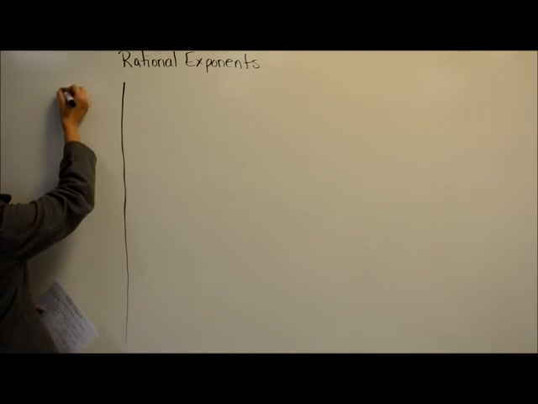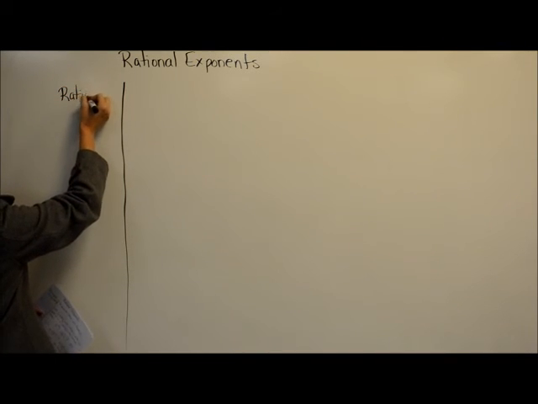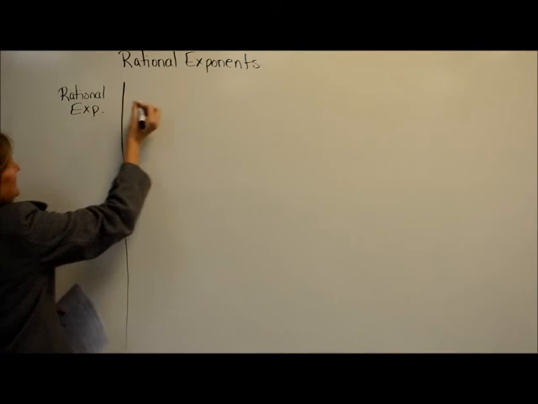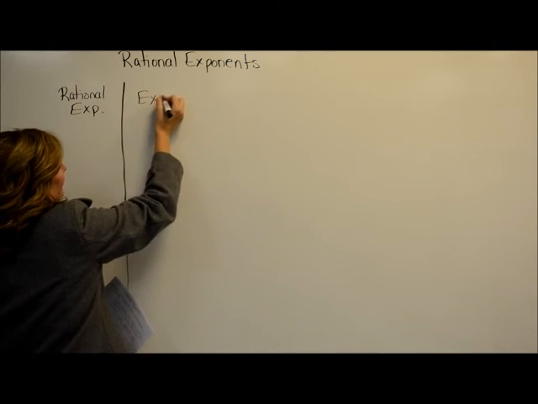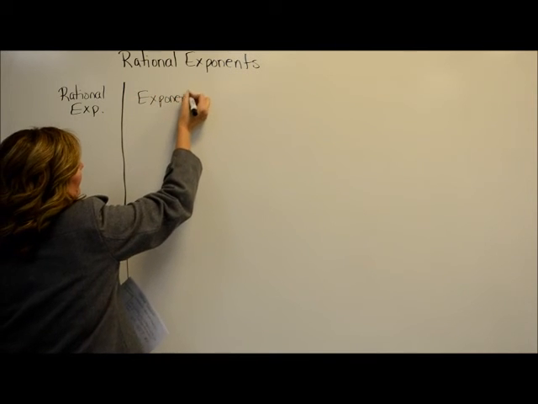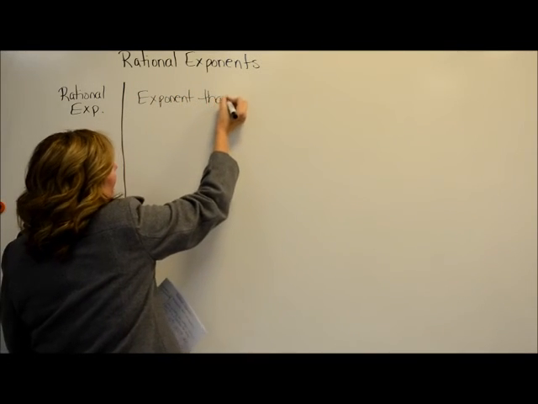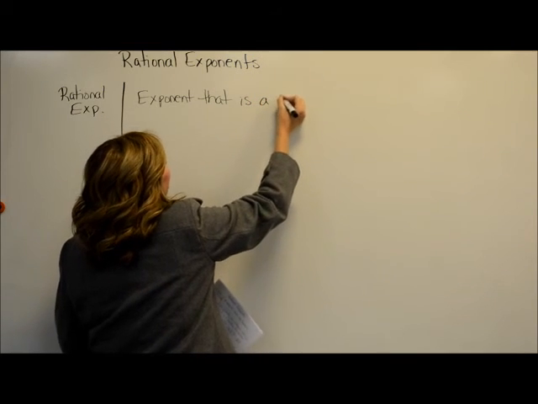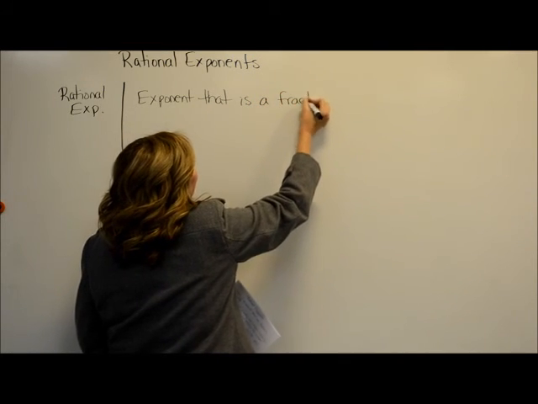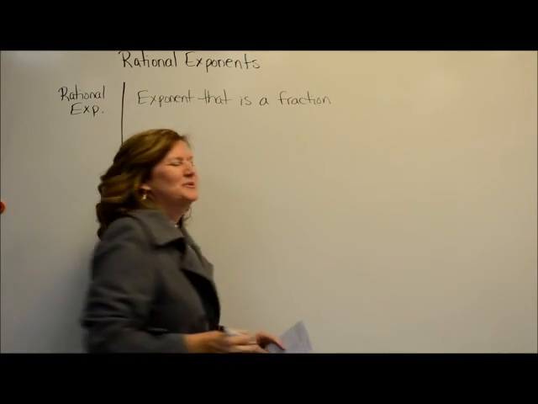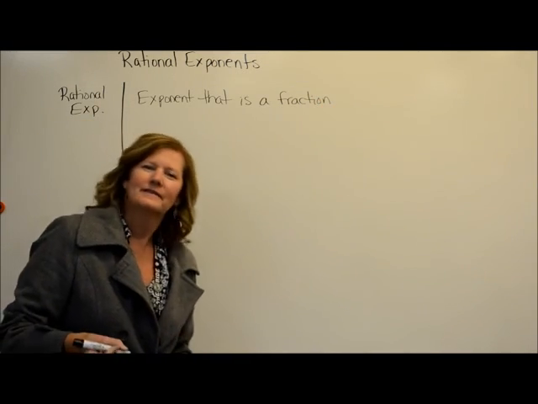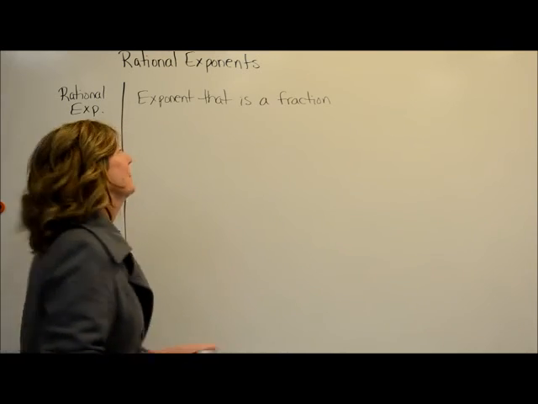A rational exponent is just an exponent that is rational, of course. That is, it's a fraction, okay? So it's a fraction. That's what you're going to look at and say, oh, that's a fraction. Math people look at it and say, oh, a rational exponent.